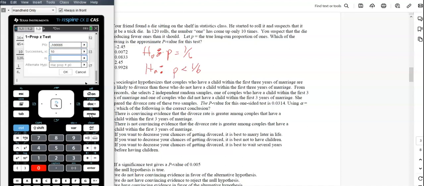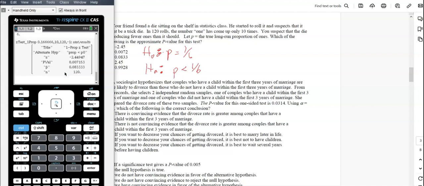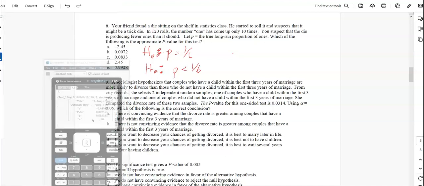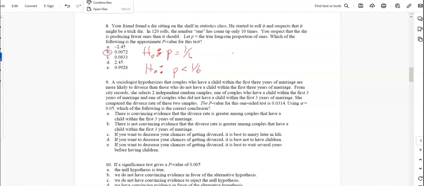Successes was 10 out of 120, and the alternate is less than. So that's why I had to do the alternate. And so it gives me a z-value of negative 2.44. That's tempting there, but they asked for the p-value, which was 0.007, 007, like James Bond. So there it is. Should be a B, and it is.